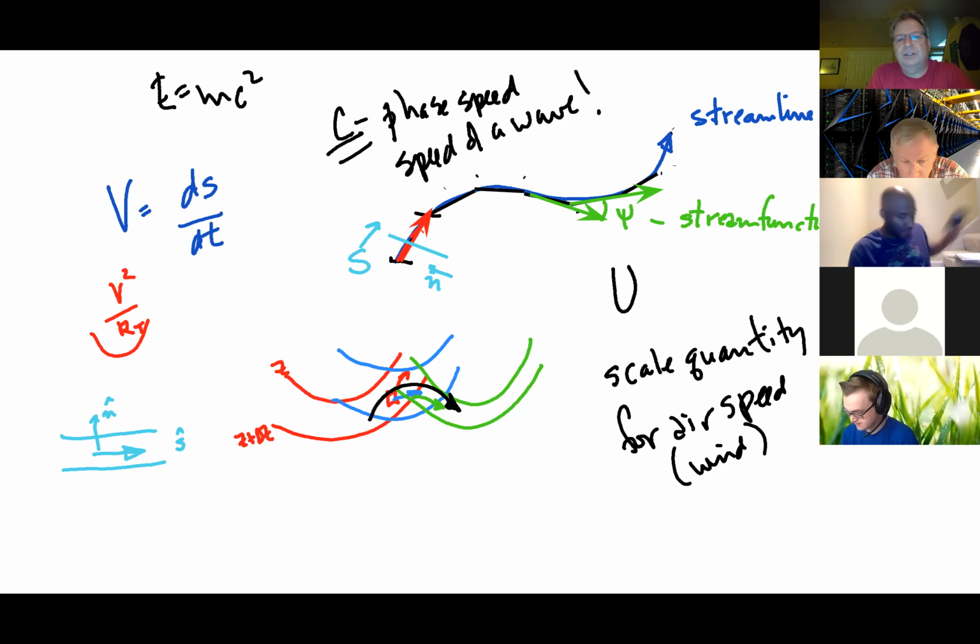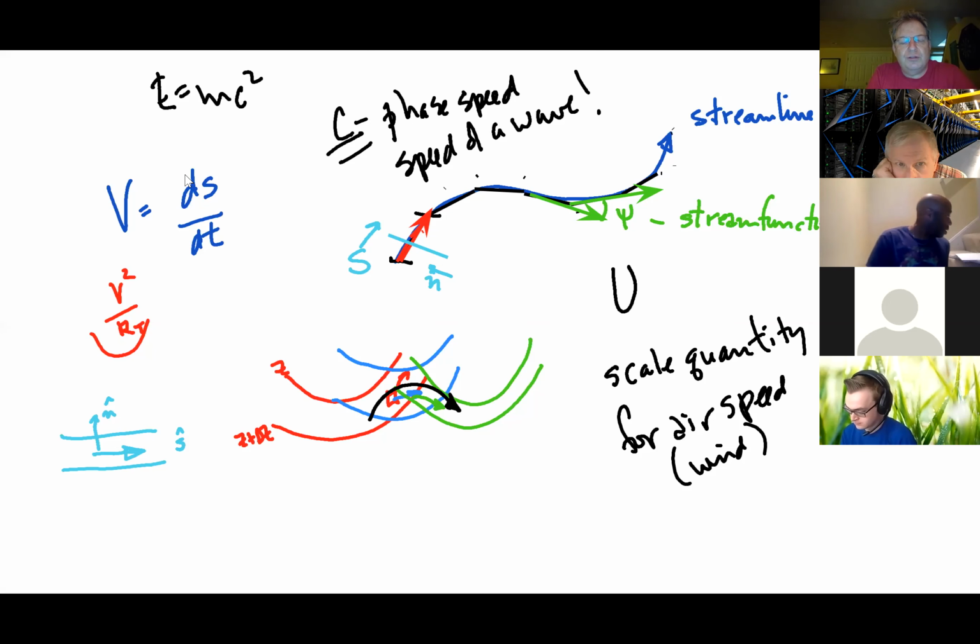I'm going to use my computer too. AMS glossary, stream function. Yeah, here it is. Let me share my screen with you. Stream function.